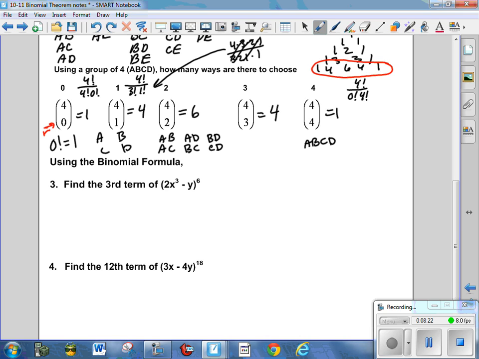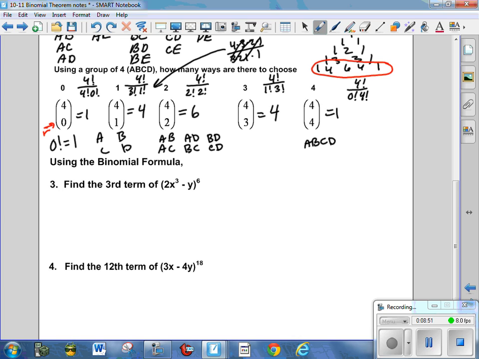Okay. 6 would be 4 factorial over 4 minus 2, which is 2 factorial, 2 factorial. So 4 times 3 times 2 times 1 over 2 times 1, 2 times 1. You can see that the 4 in the numerator would cancel out with the 2 2's in the denominator. You'd be left over with 3 times 2 times 1 in the numerator, which is 6. This 3 turns out to be just the same as 4, only with the denominator switched around again.